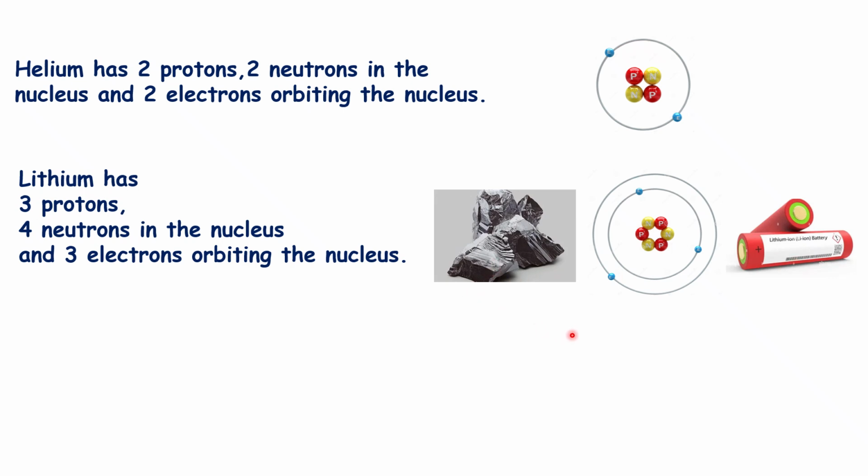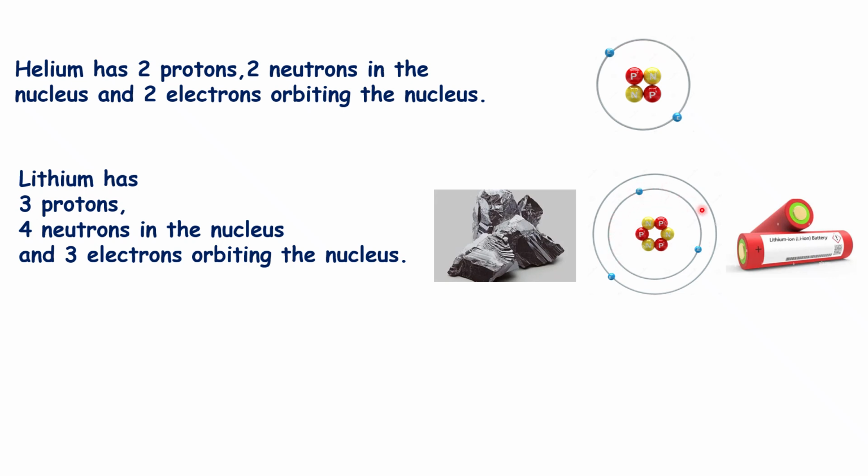If we examine a lithium atom, we will find that it has 3 protons and 4 neutrons in the nucleus. And it has 3 electrons orbiting the nucleus.